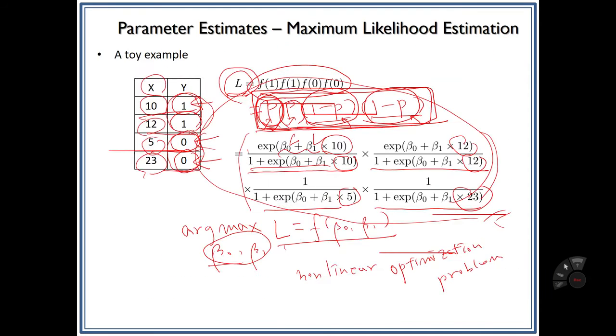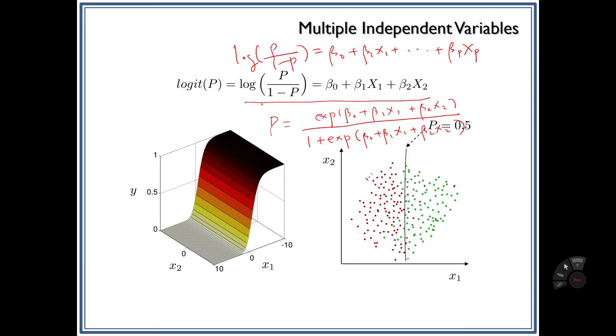And if you take a look at this case of having two x variables, then if there are data points having 0 values on the y variable here, and if there are data points having 1 value on the y variable here, then we're going to get this kind of S-shaped curve in three-dimensional space.